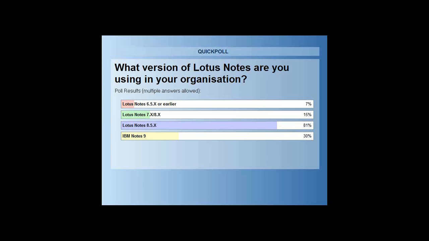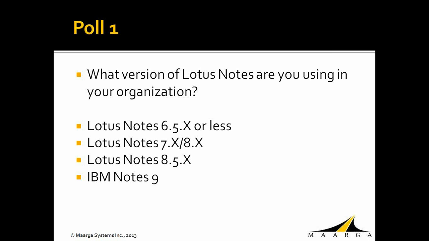So it looks like 8.5.X is still king of the hill with a good number of 9 users in there. That's encouraging, and really heartening to see people taking that step. A lot of people wait for a certain amount of time until people comment about the stability of a version, until it has been used in major organizations.